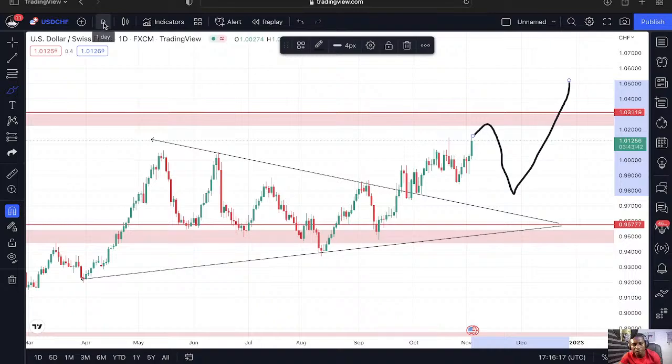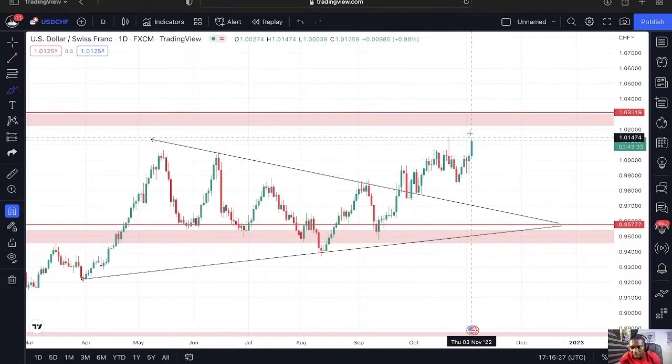And this is the daily time frame, where all candles here are formed in a day. So we can see a bullish momentum that happened today. Even yesterday, we can see a bullish pin bar.